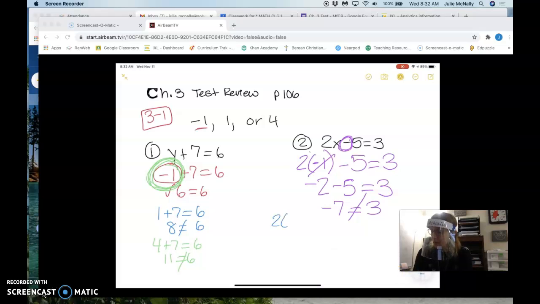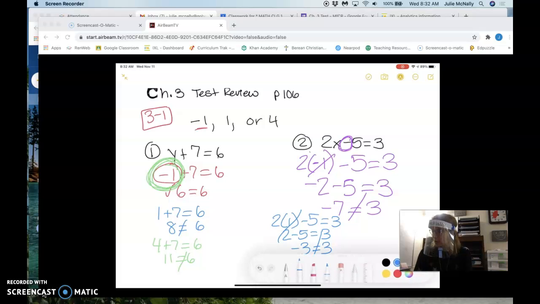2 times +1 minus 5 equals 3. So 2 times 1 is 2. And 2 minus 5, -3. Does -3 equal 3? No. So that doesn't work either.